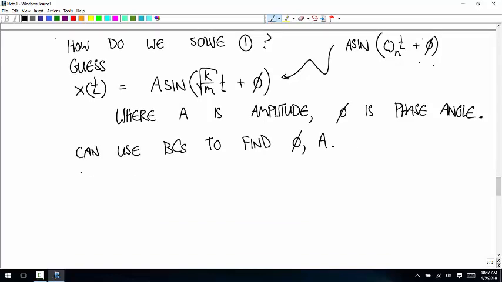But what does this tell us about the rate of oscillation? What we want to know is how long it takes. It's going to be steady in time.